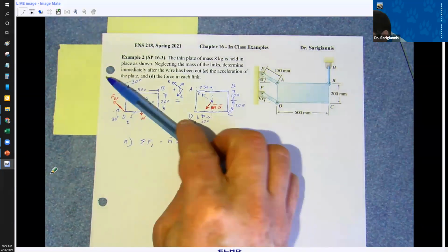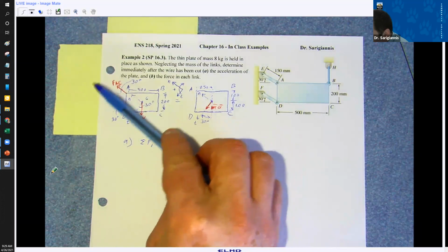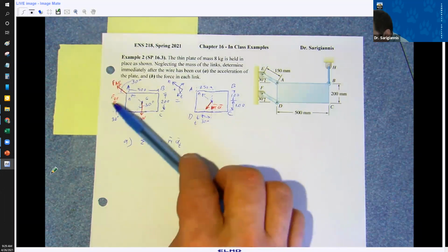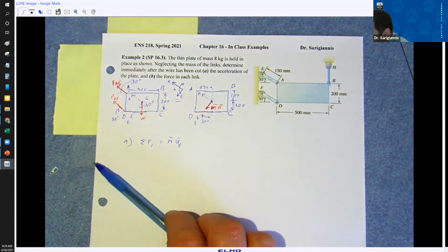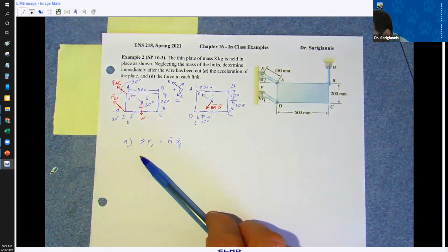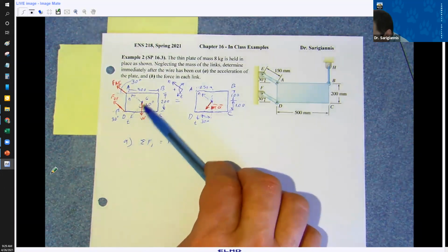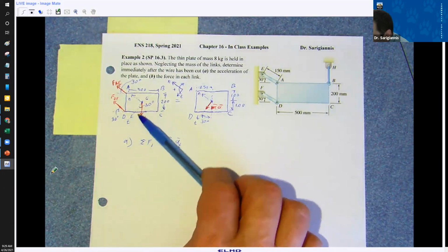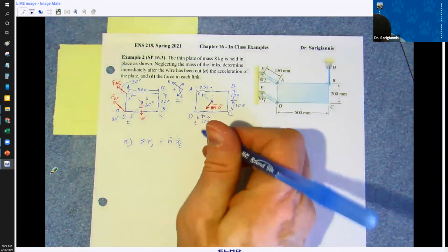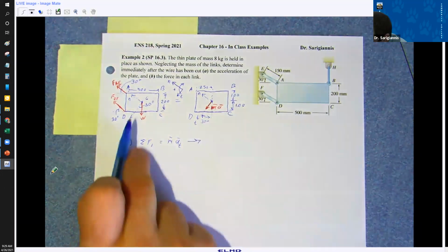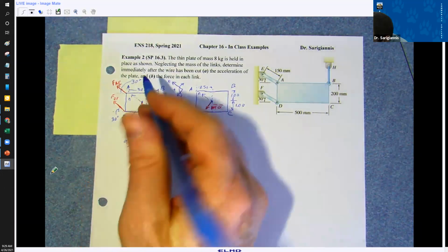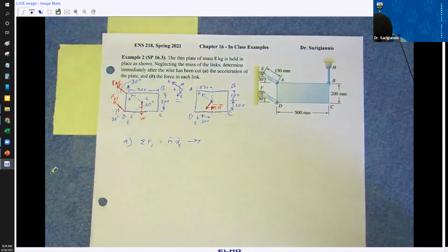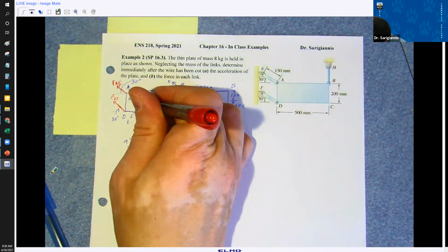Well, by defining this as the normal direction, we've basically eliminated FAE and FDF from our forces, right? And we're left with basically the component of weight, right? So here we've got 30 degrees. We've got a triangle like this.